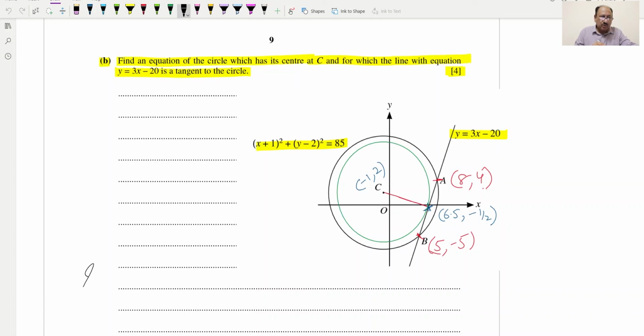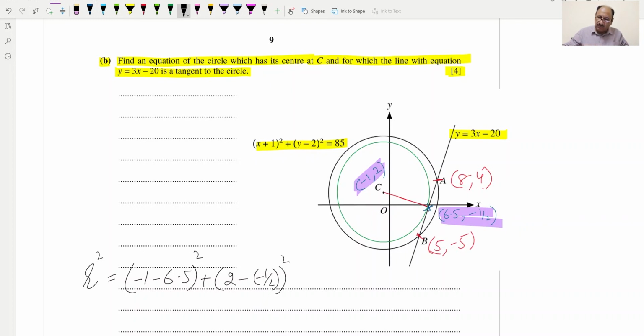So radius squared will be equal to what? r squared will be equal to, for this point and the center, (-1 - 6.5) squared plus (2 - (-1/2)) squared. If I highlight, you will understand better.